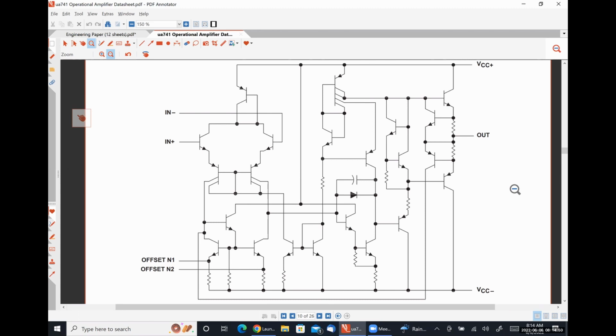Instead, what we're going to do is represent this amplifier circuit by 3 key parameters.